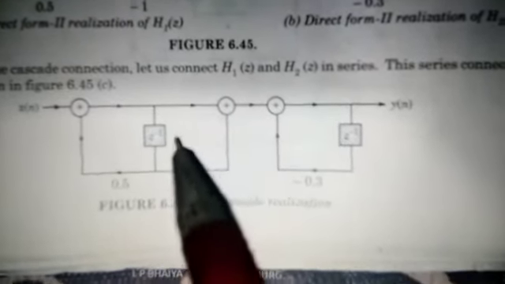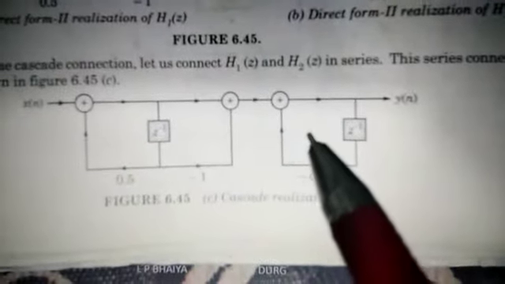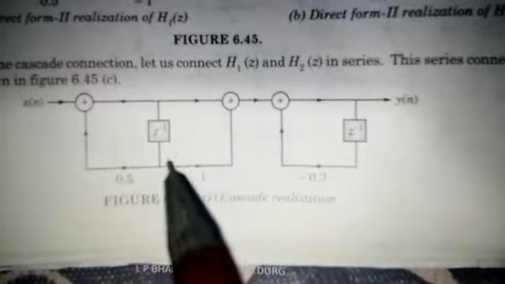Or you can make the parallel realization also with the help of this direct form 2 realization. In parallel realization, we again represent this H1 of z, H2 of z in terms of the direct form 2 realization.